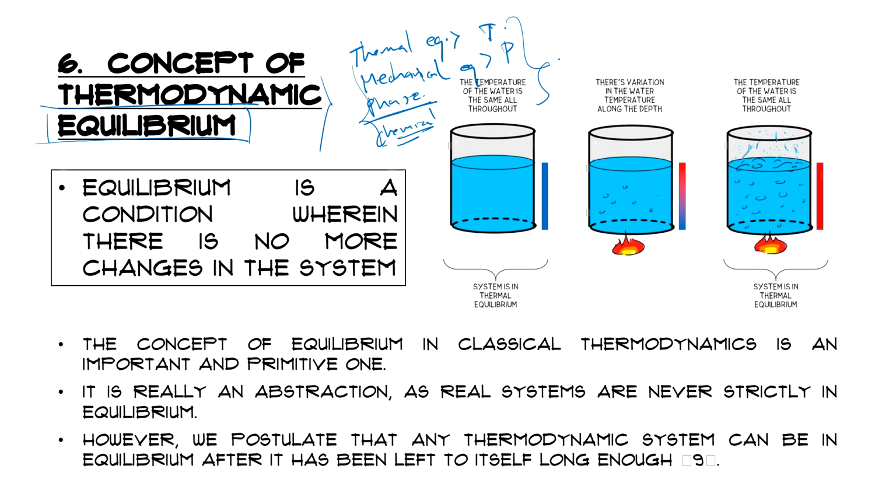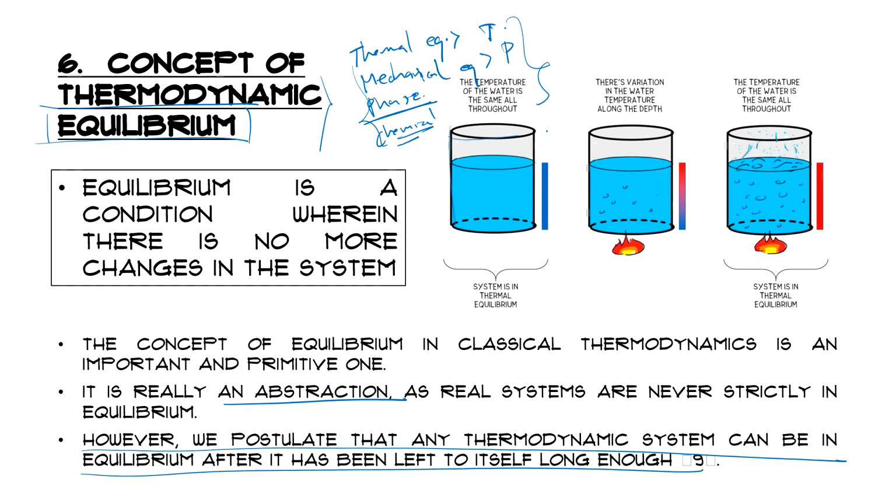However, this is actually an abstraction. It says here it is really an abstraction, as real systems are never strictly in equilibrium. However, we postulate that any thermodynamic system can be in equilibrium after it has been left to itself long enough, so that at least the variation is, we can say, negligible.